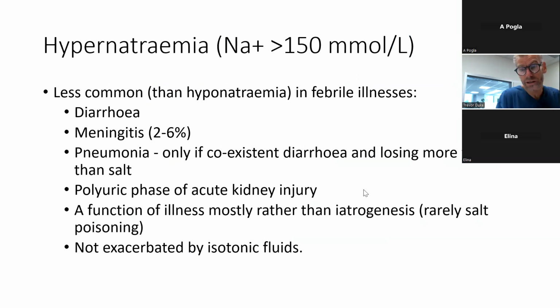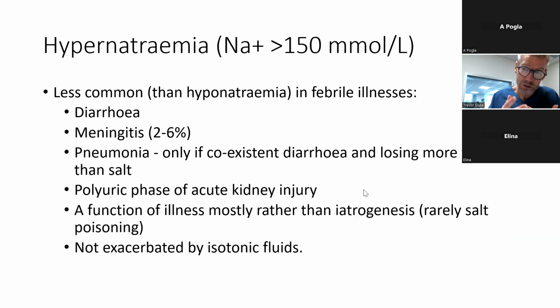On the other side, hypernatremia, so high levels of serum sodium, isn't nearly as common. I'll just summarize this here: mostly hypernatremia occurs in the setting of diarrhea, and in certain very humid, tropical environments, simply because the child is losing more water than they're losing salt.